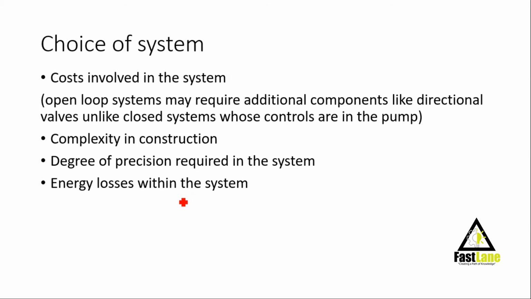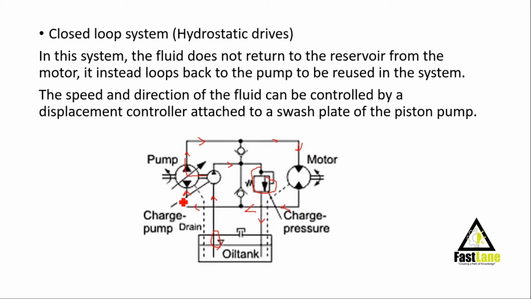Now in the closed loop system, let's go back to this drawing. We have our pump. Remember, in open loop systems, we say that the direction is controlled by the directional control valves. In the closed loop system, the controls are in the pump itself.